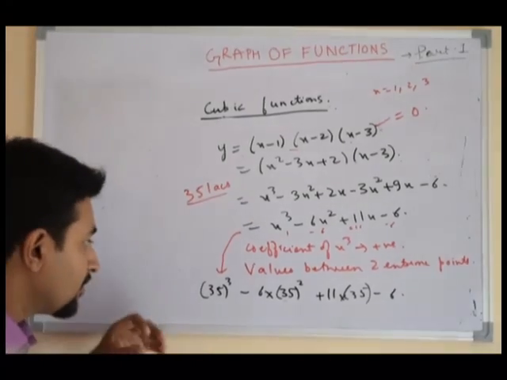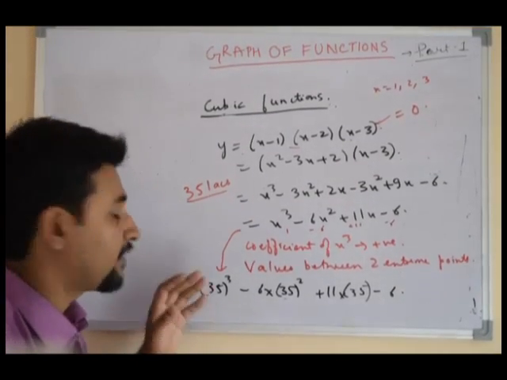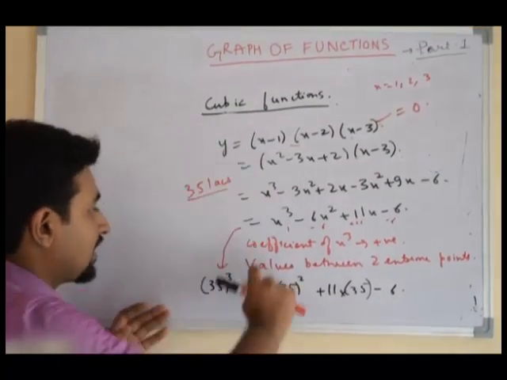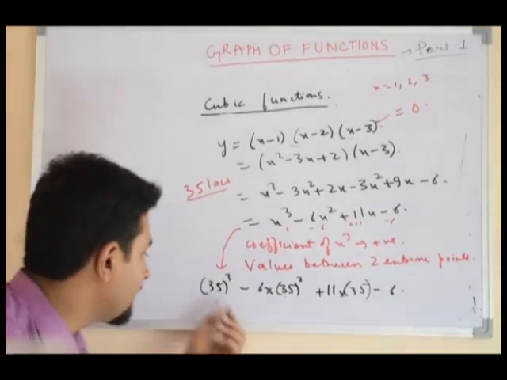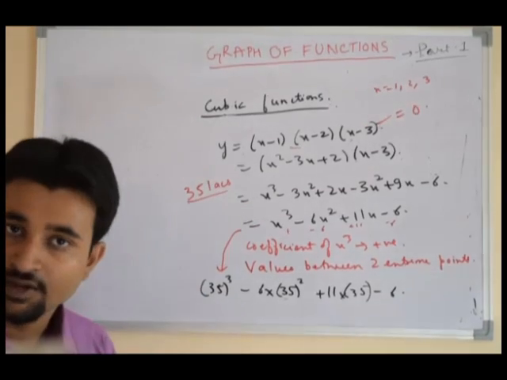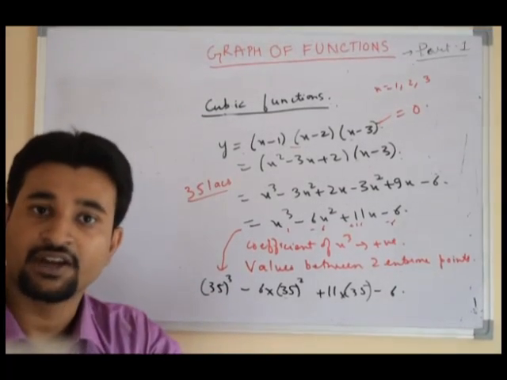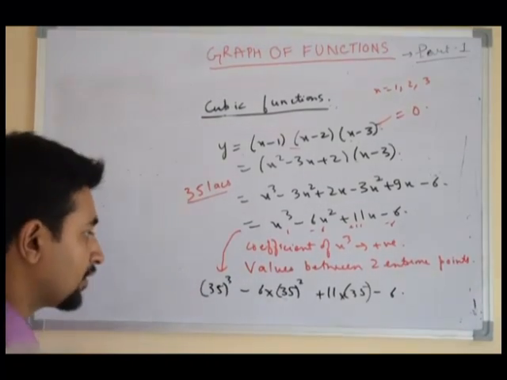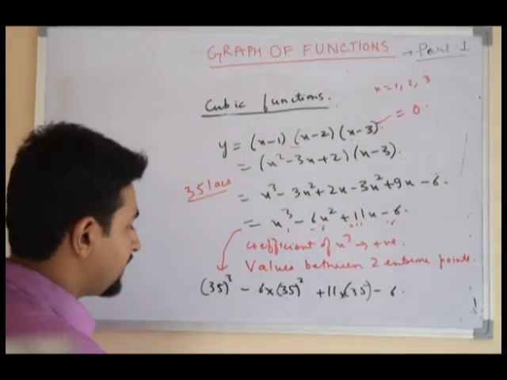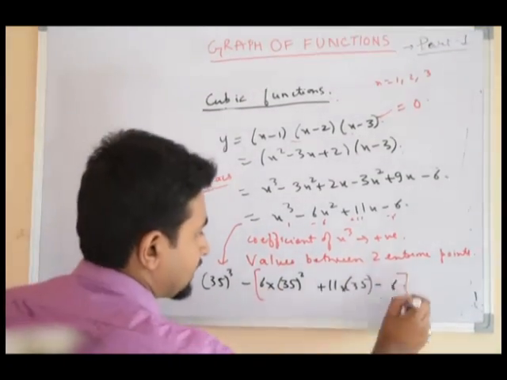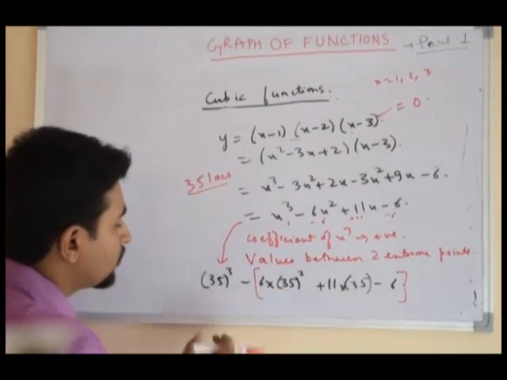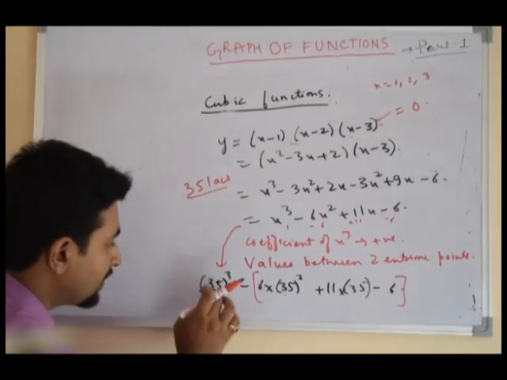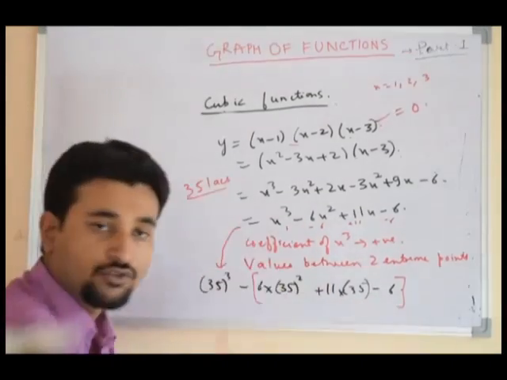So whatever will be the value of this function y at x equal to 35, that will totally depend on the value of 35 cube, whether 35 cube is positive or negative. Even if you subtract these terms, these sums won't add up to 35 cube, because it will be much greater than even the addition of all those things.